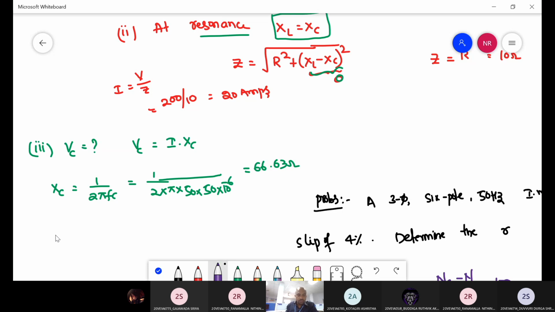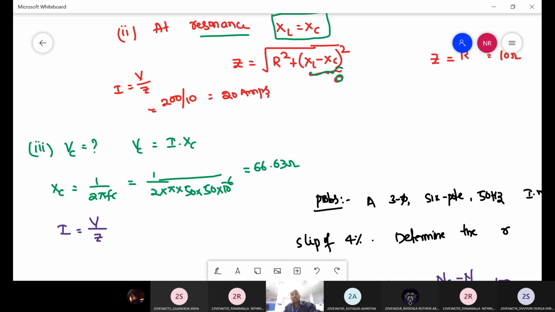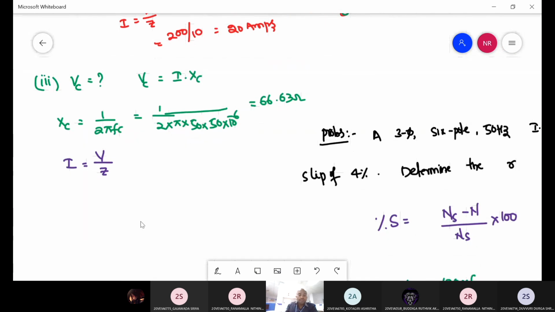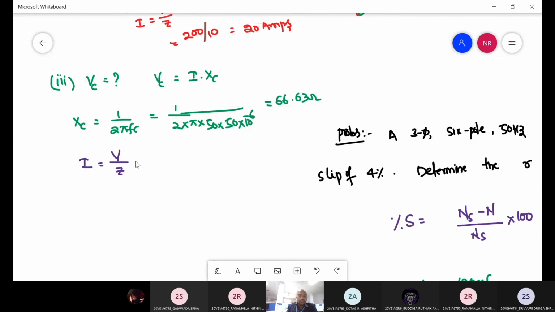Then go to calculate the next, I. I is equal to V by Z here. This third bit is not at resonance, right? It is a general circuit. So here V by Z, and Z is not equal to R. Guys, please try to catch my point here.